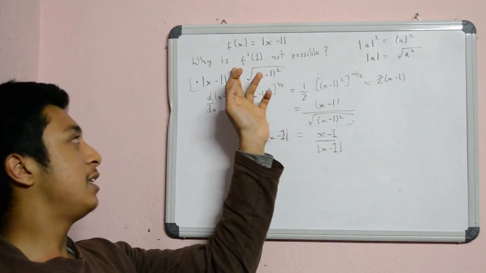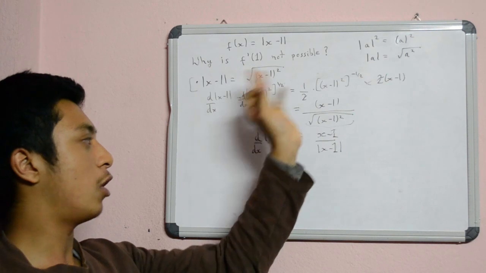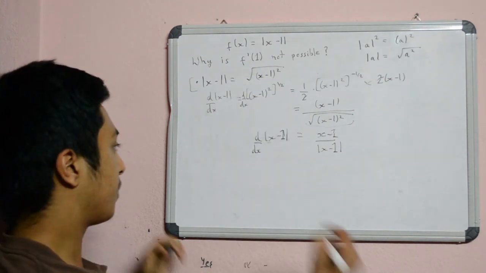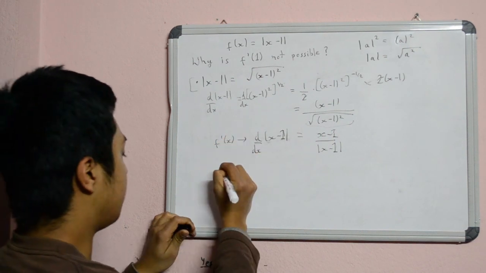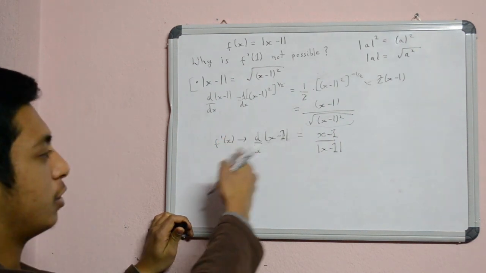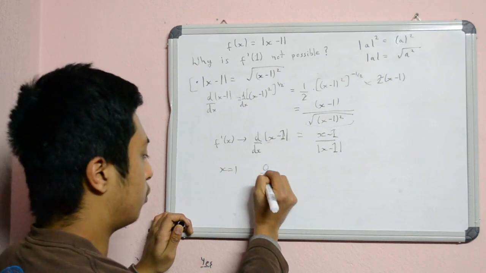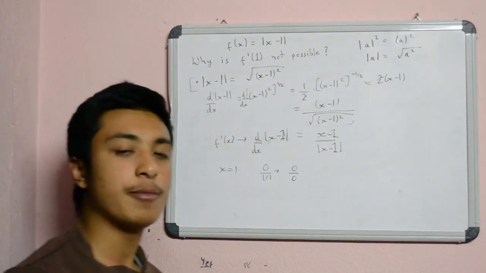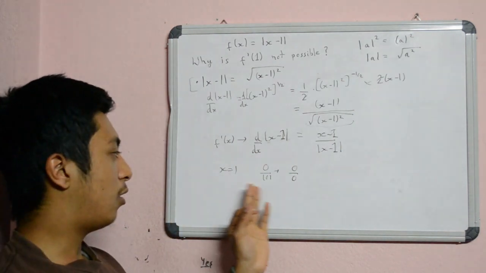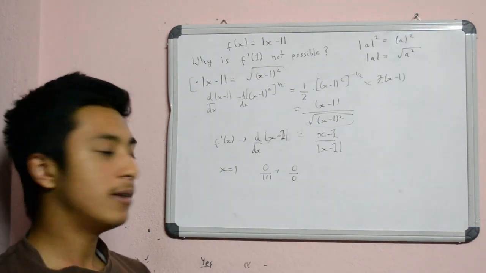You can now see why f'(1) will not be possible, because this is our f'(x), and if you put x equal to 1 over here, what you'll get is 0 divided by modulus of 0, which is in fact 0 by 0, an indeterminate case, or simply undefined, as here x is equal to 1.